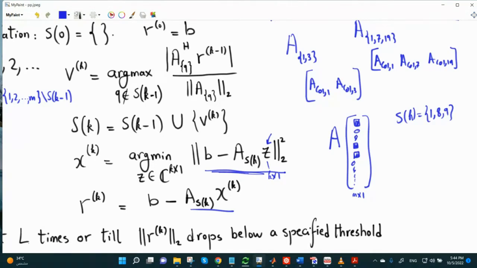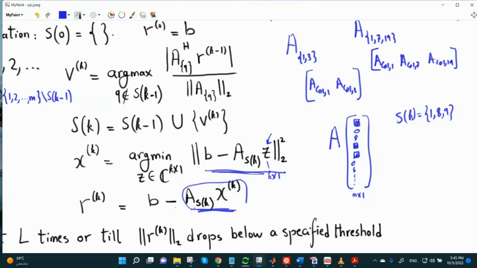So if we do this for L iterations, then we end up with a representation of vector b using L columns in matrix A. Or rather than fixing the number of iterations, we can measure the L2 norm of the residual vector, which is the error, the difference between b and this vector living in the column space of A that acts like an approximation for b.